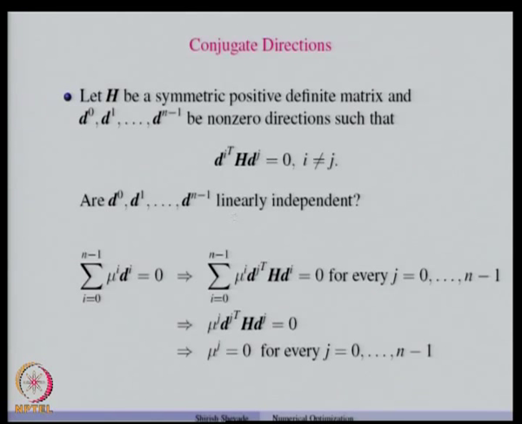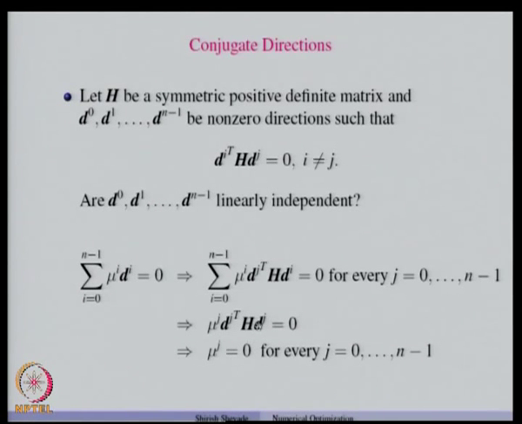So, if we have a positive definite matrix and d0 to d n minus 1 are non-zero directions, remember that this non-zero is important because in this case we want to show that d_j transpose H d_j is strictly greater than 0, and that is possible because H is a positive definite matrix and d_j is non-zero.